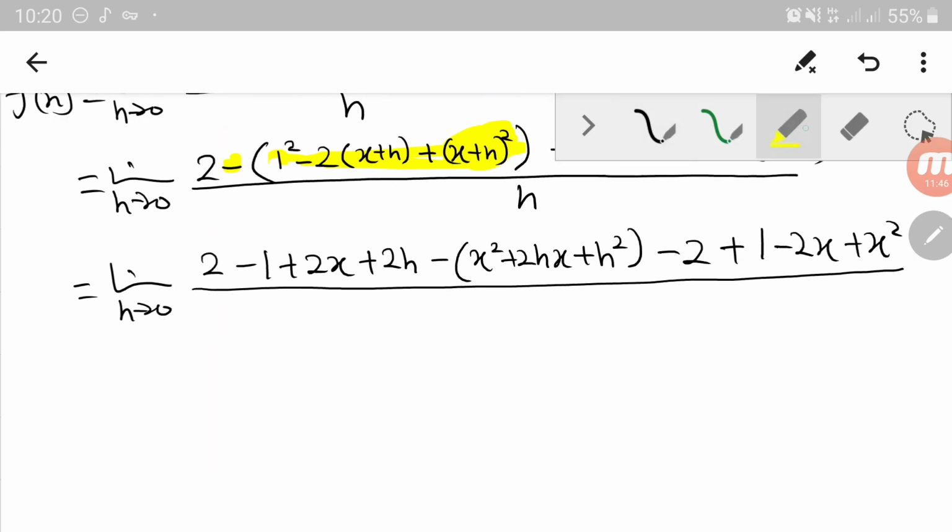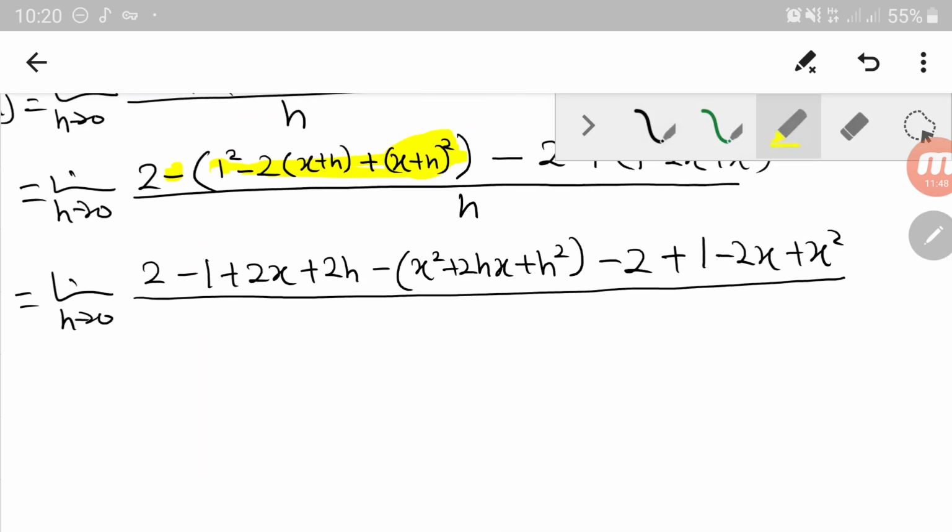Now from here we can get rid of something. For example, 2x here minus 2x here becomes 0. Minus 1 here plus 1 here becomes 0. 2 here and 2 there becomes 0. That leaves us with the h here.